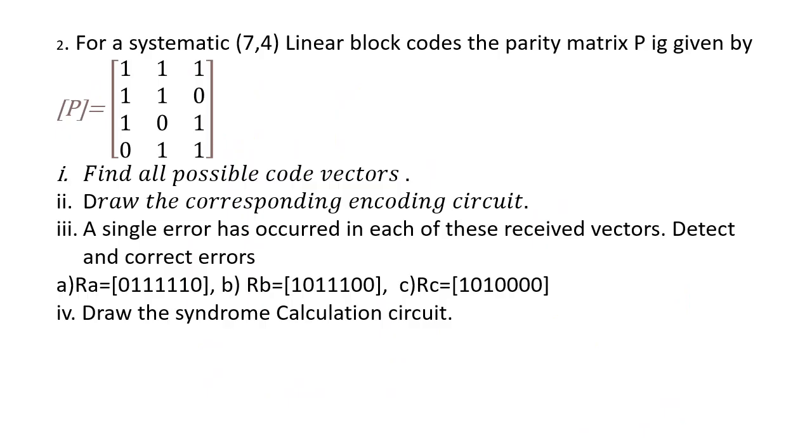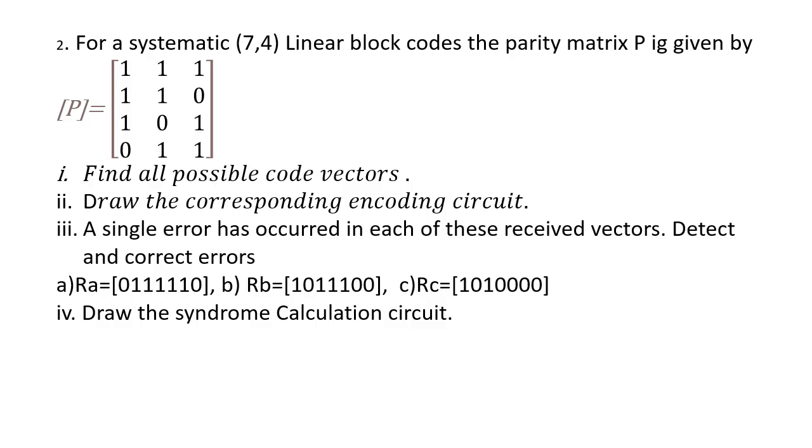Second question, for a systematic 7,4 linear block code, the parity matrix P is given by P equal to 1 1 1, 1 1 0, 1 0 1, 0 1 1. First question, find all possible code vectors. Second, draw the corresponding encoding circuit. Third, a single error has occurred in the received vector.